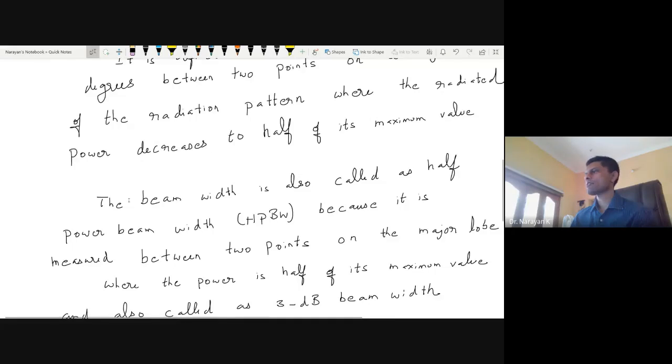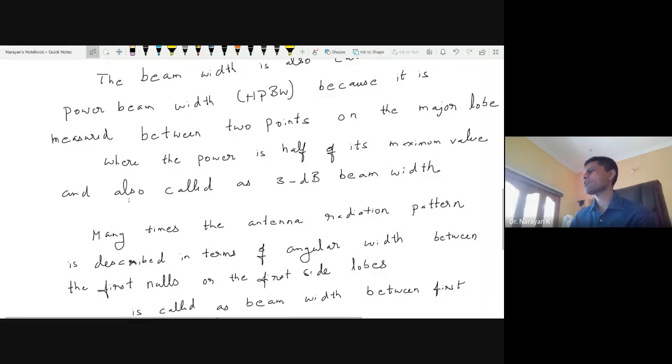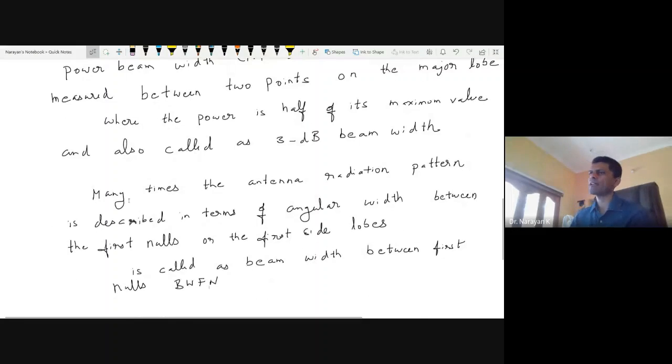This is also called the antenna beam width, also known as the 3 dB point of the antenna.